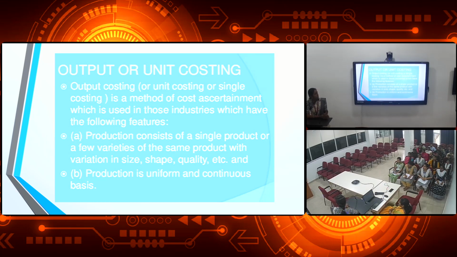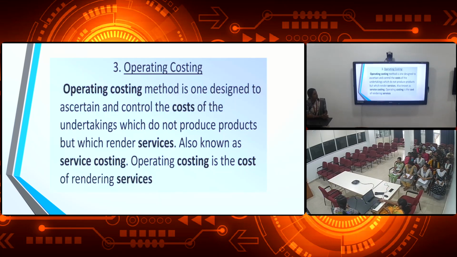And then next is operating costing. This is the method designed to ascertain and control the cost in undertakings which do not produce products but services. We can sell the product and also the service. What is meant by service? You can see manpower suppliers.